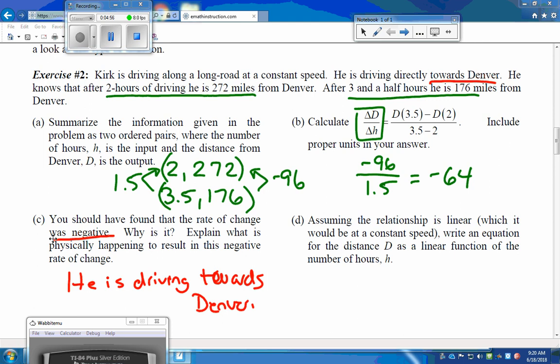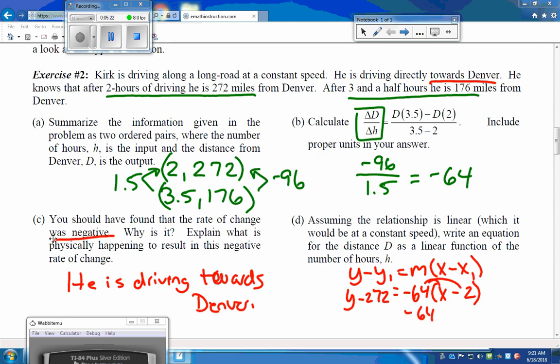Now I'm going to use my equation of a line that we talked about in the last lesson. I know my slope is negative 64. We'll use the first point, so I'll have y minus 272 equals negative 64 times x minus 2. I'm going to distribute first, like we talked about.